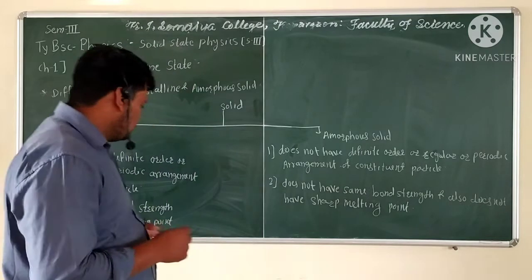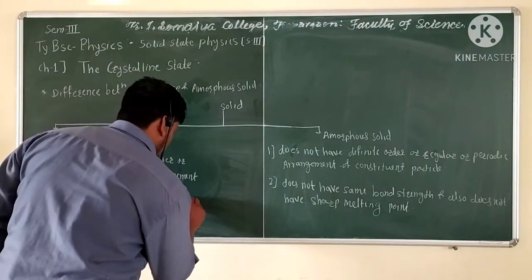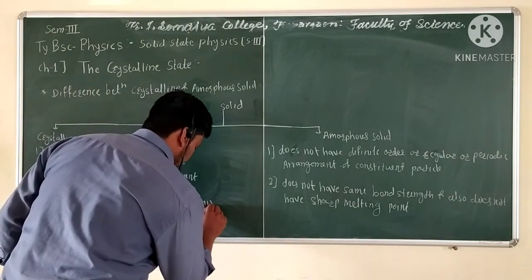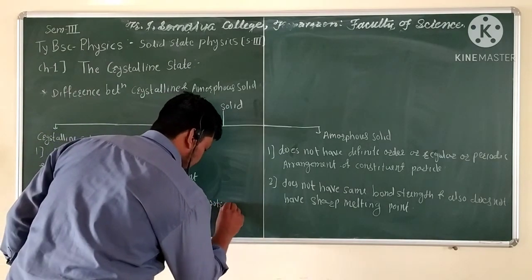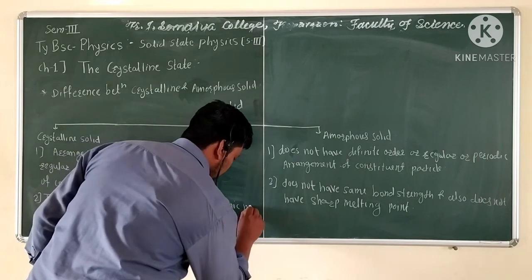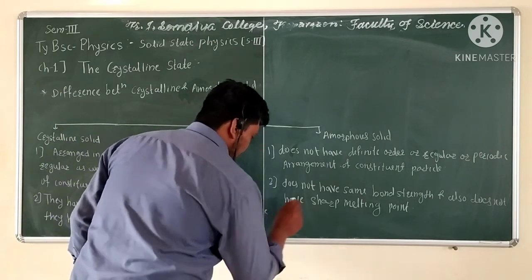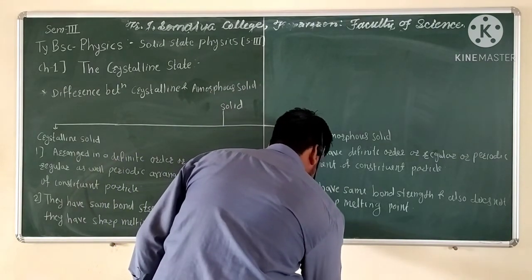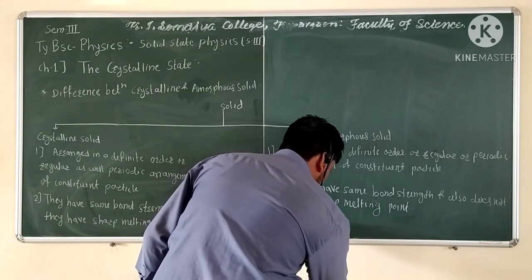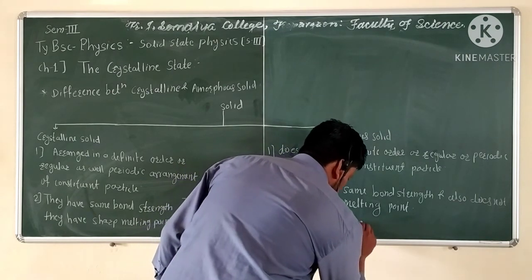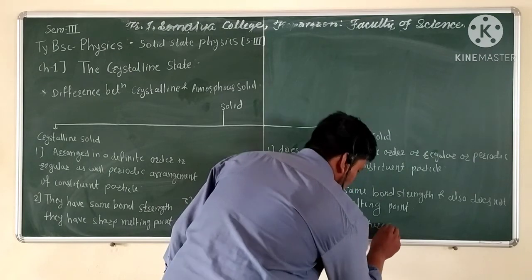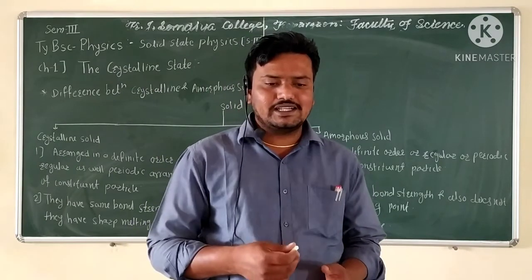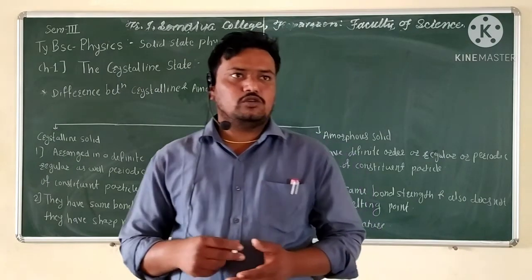And the third point is that the nature of the crystalline solid is anisotropic, and the amorphous solid is isotropic in nature, because of properties such as thermal conductivity, electrical conductivity and mechanical strength of the material.